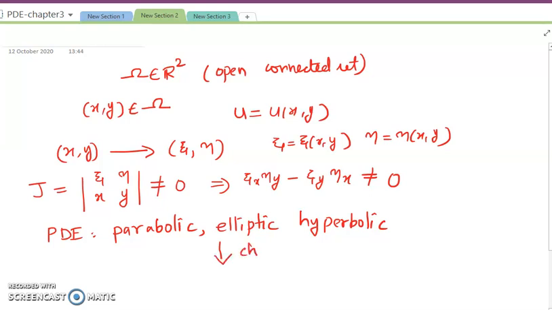If we apply a non-singular transformation, the PDE is invariant under such a change of coordinates. So it will remain parabolic, elliptic or hyperbolic. Such a change of coordinates is possible, and the nature of the PDE will not change. Okay, so that we will see in the next class.